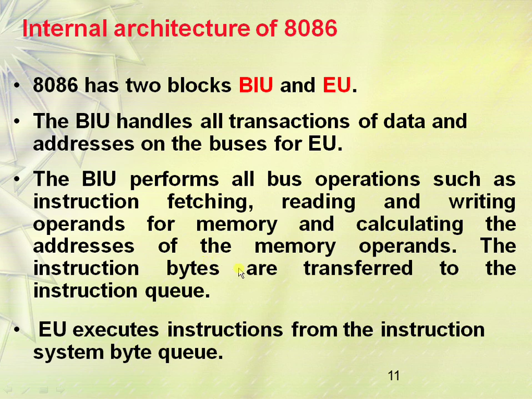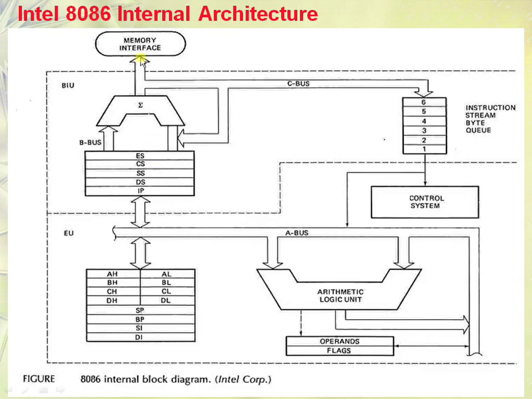Now here BIU is mainly responsible for handling the transactions with this memory device. It means initially the segment registers along with some of the pointer registers as well as index registers would be generating an address.